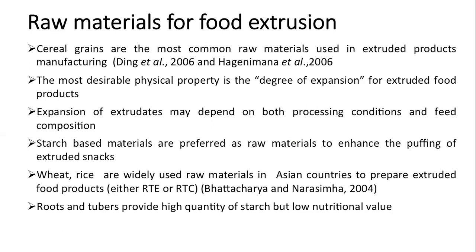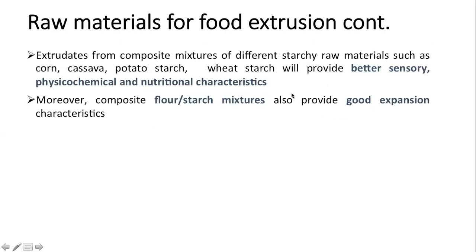And to get proper quality expanded food products, it is very important to maintain processing conditions and also the conditions of the raw materials, right? And as we discussed, wheat and rice are the widely used raw materials in Asian countries. We have many roots in Sri Lanka, but nutrition value is a problem. So we can do some fortification after developing the extruded food products.